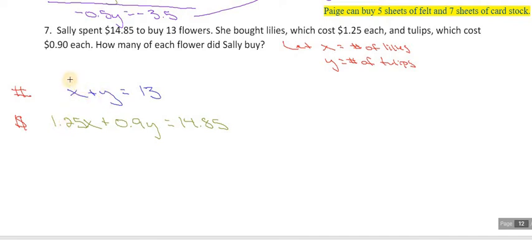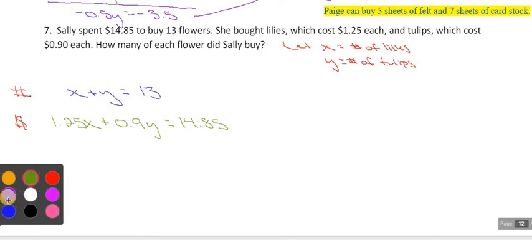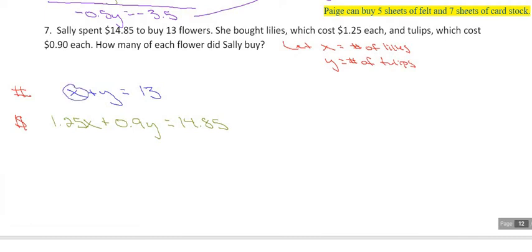But this is a good situation also for our substitution, where we just simply isolate one of our variables. So because the first equation has x plus y equals 13, they're all just 1x, 1y. Let's isolate 1 from equation number 1. So I'm going to choose to isolate x in equation 1. So we're going to use substitution.